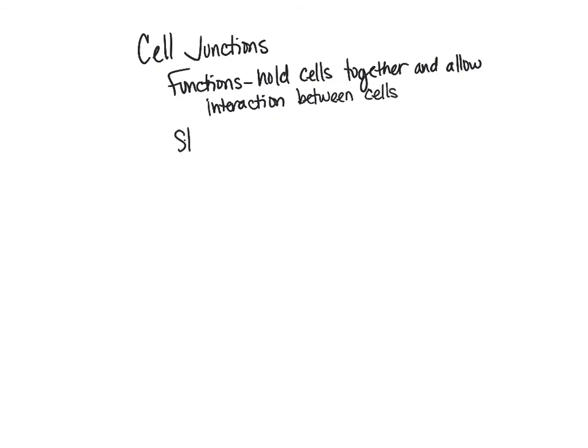The structure of these cell junctions is that we have different types of cell junctions that we're going to talk about. But in general, the structure is that we have these adhesion molecules that connect the cells and link them to the cytoskeleton.